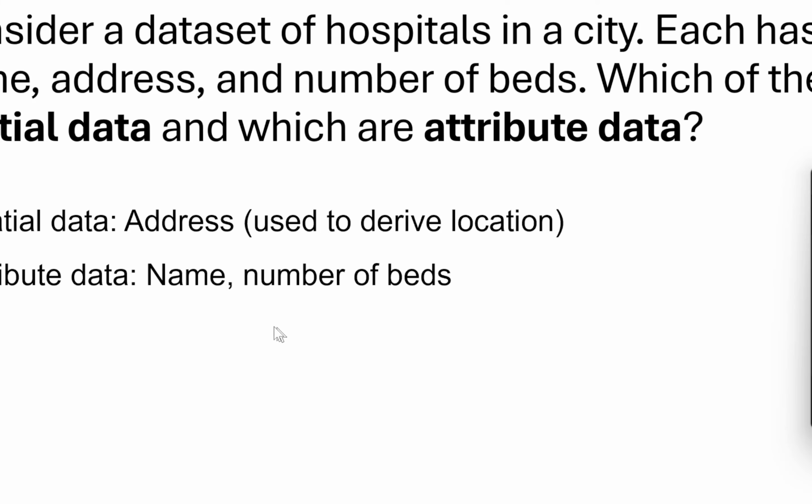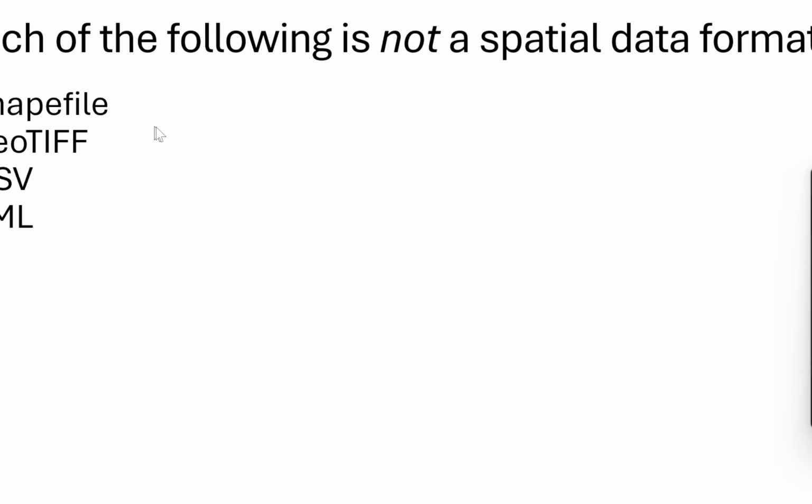And attribute data is the name of the hospital and the number of beds. So these are features that are defining what is there at that particular location. Okay, so this is the answer.